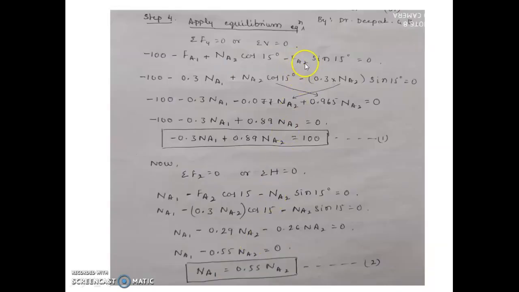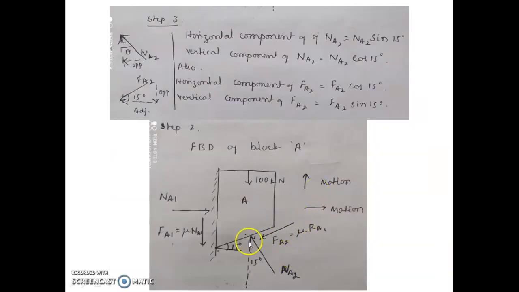Next is minus Fa2 sine 15 degrees. You will see this is the Fa2. If I resolve this inclined force towards the vertical direction or y-axis, it acts downwards, so it becomes Fa2 sine 15 degrees.